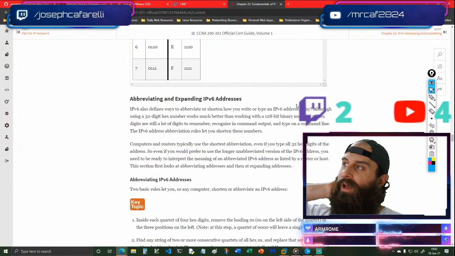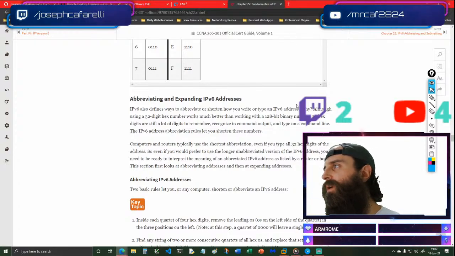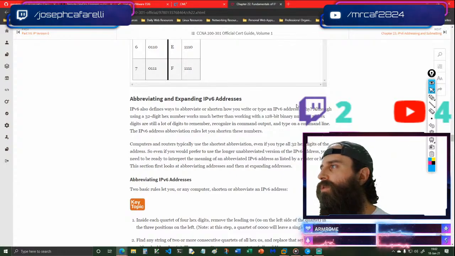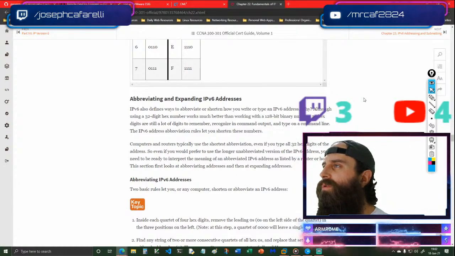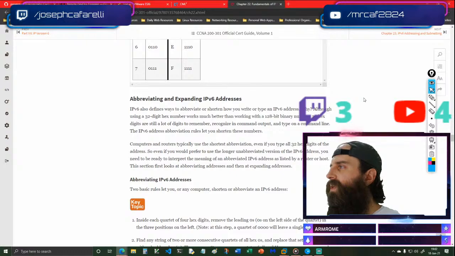Abbreviating and expanding IPv6 addresses. IPv6 also defines ways to abbreviate or shorten how to write or type in IPv6 addresses. Why? Although using a 32-digit hex number works much better than working with the 128-bit binary number, 32 hex digits are still a lot of digits to remember, recognize in command output, and type on the command line.